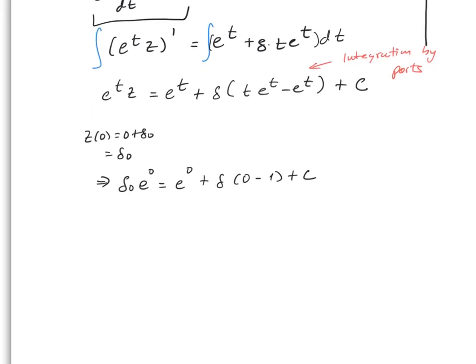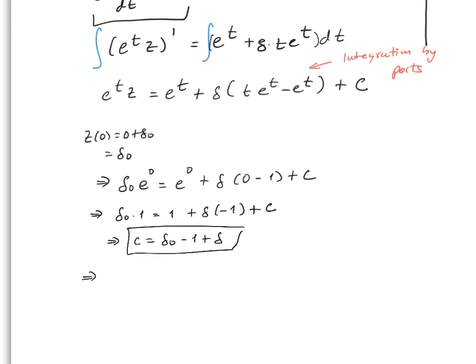Well, recall that anything to the 0 power is 1, so therefore we have delta 0 times 1 is equal to 1 plus delta times negative 1 plus c. So that implies that c is equal to delta 0 minus 1 plus delta. You should check this.